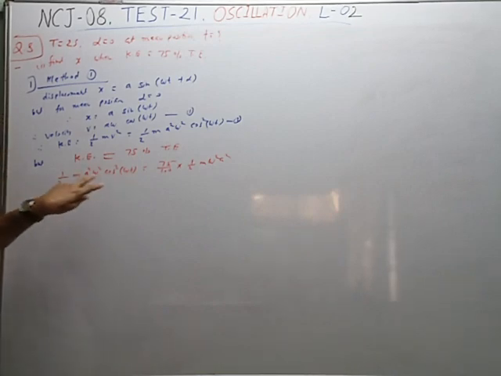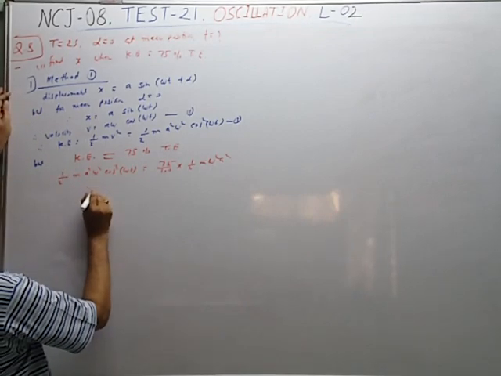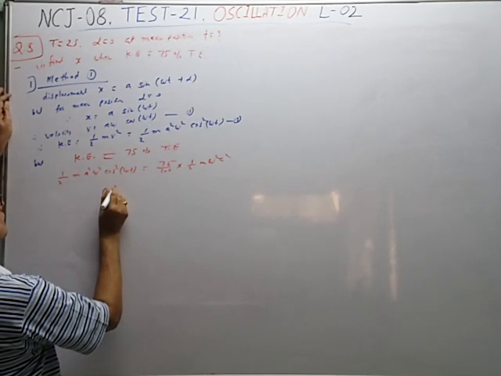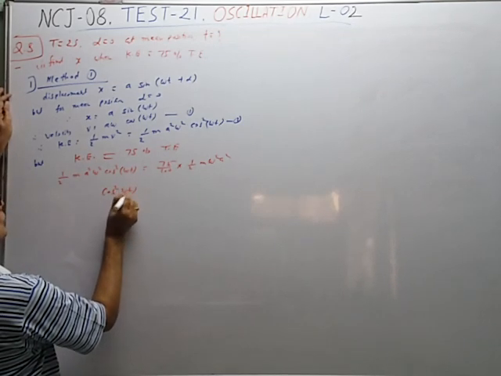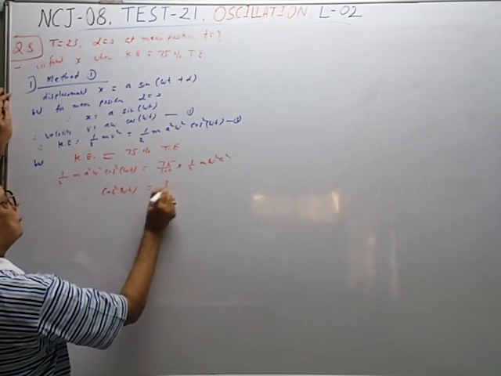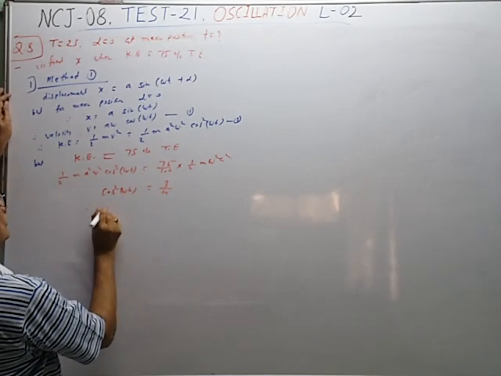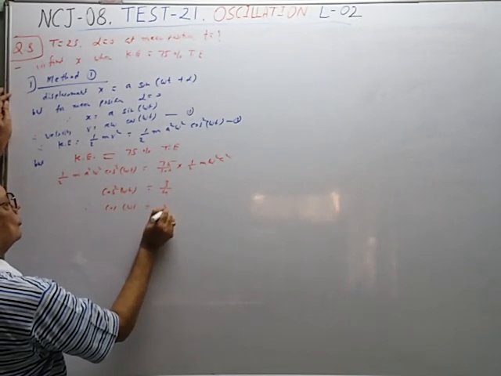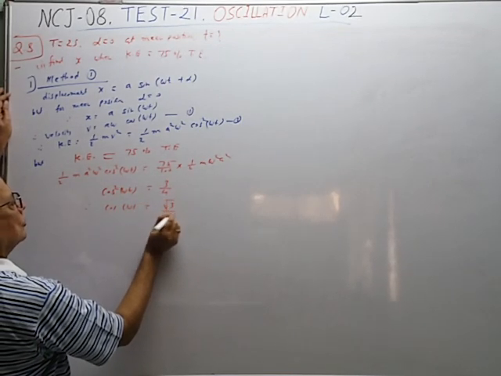So 1 half will get cancelled. Therefore cos square omega t is equal to 3 by 4. Therefore cos of omega t is equal to root 3 by 2.